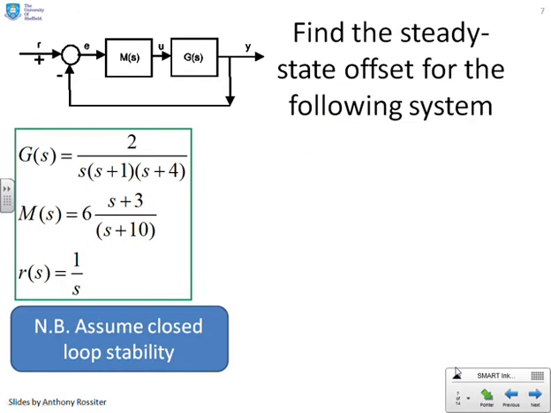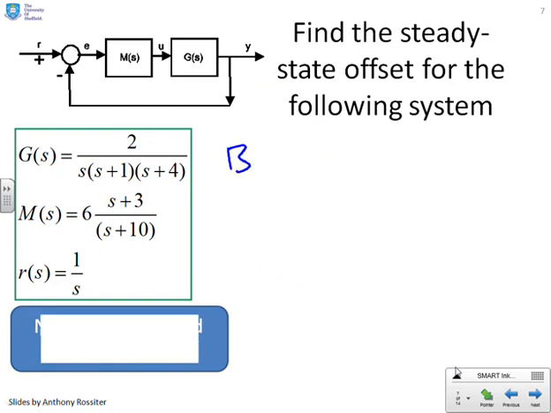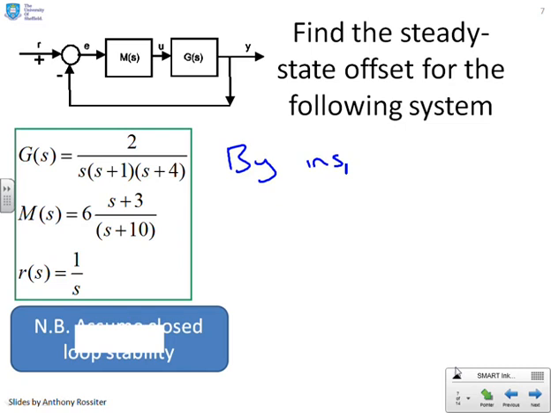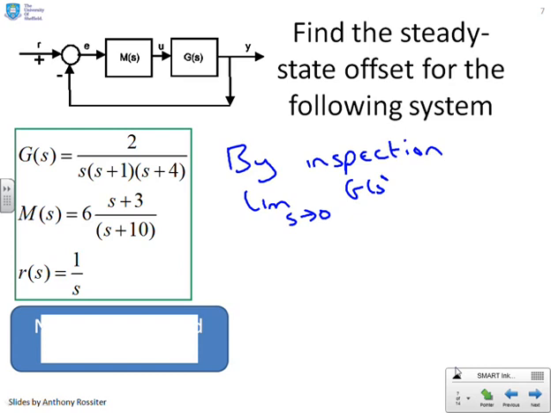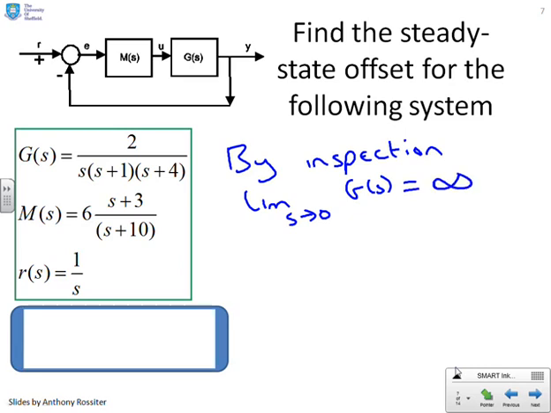Okay, some examples to look at now. For this particular example, we're given that this closed loop is stable. You'll see in the blue box it says the closed loop is stable, and to find the steady state offset for the following system. Now I can write by inspection that the limiting value as s goes to 0 of G(s) equals infinity.